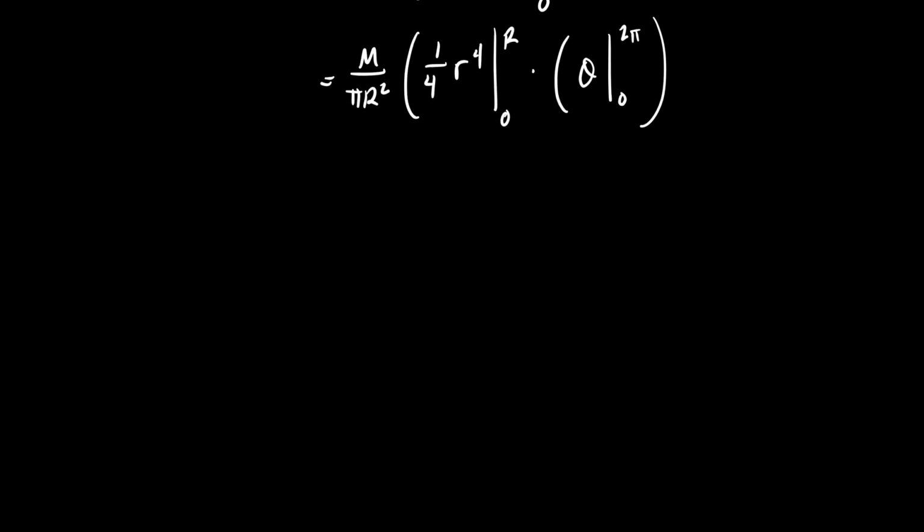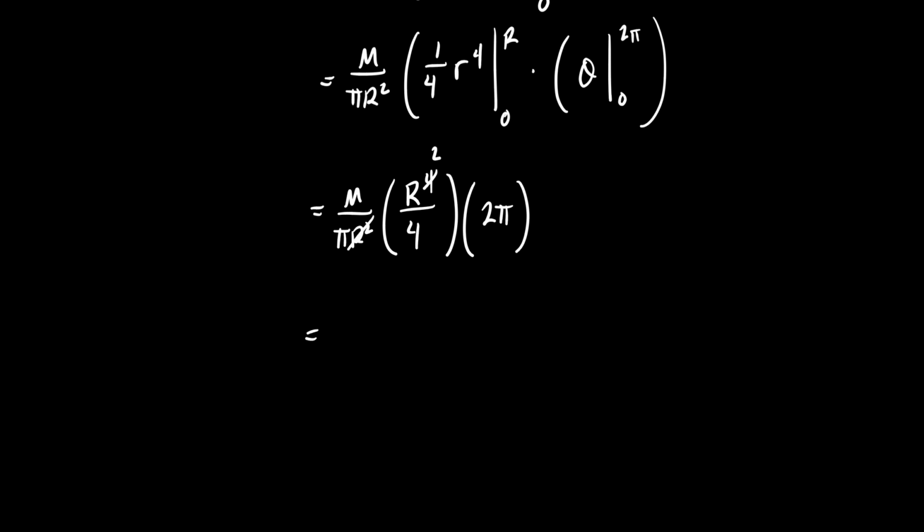So put in my top and subtract by putting in my bottom. So m over pi r squared, r to the 4th over 4 times 2 pi. Well, r squared cancels with 2 of those.